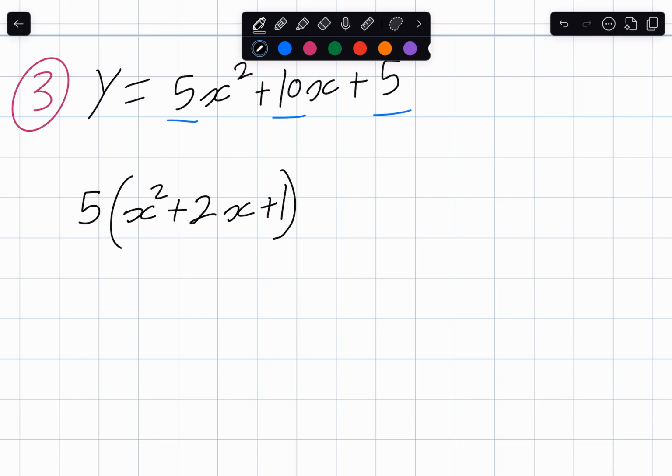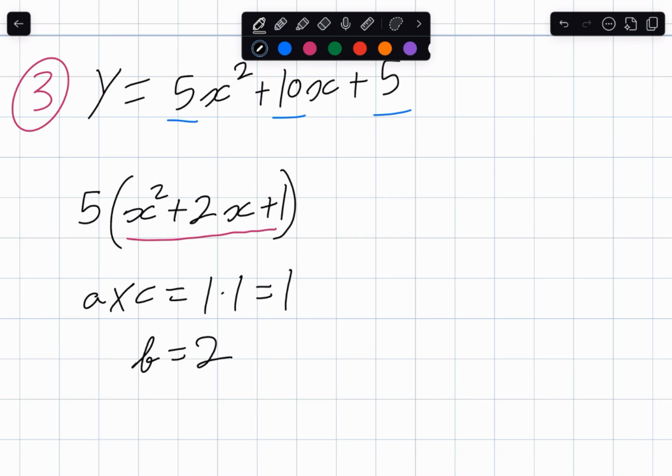What is AC? AC is 1 times 1, which is 1. So you're taking the coefficient on the x squared itself, treating it as a quadratic by itself. And our B coefficient is 2. So we need to find two numbers that multiply to 1 and add up to 2.